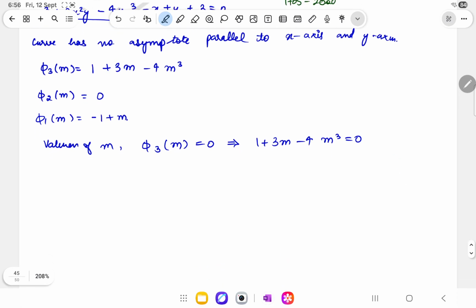From here, if I solve it for m, by hit and trial you can see that m equals to 1 is a root.